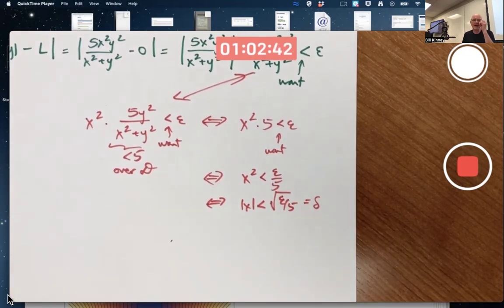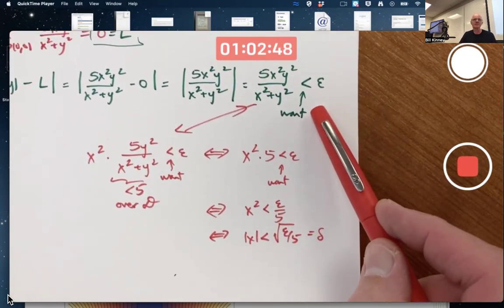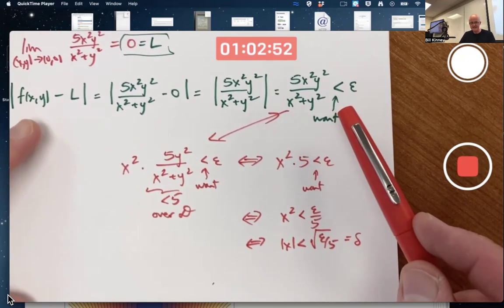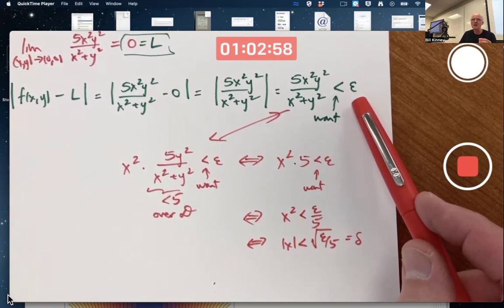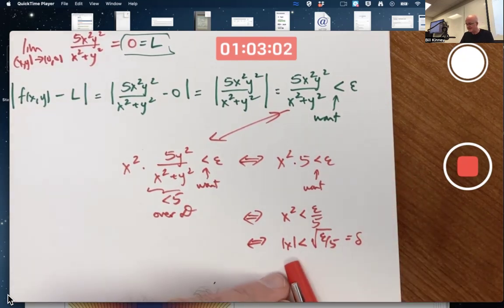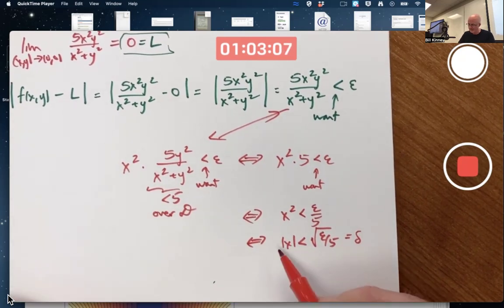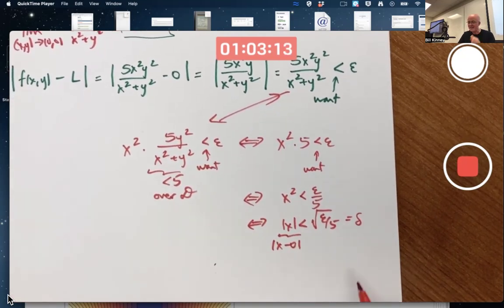So what's really going on here is if you want this to be true, if you want to make this distance less than any given number epsilon, no matter how small, intuitively, you can choose x to be within this distance of 0, because this is the same as the distance between x and 0, and that'll happen.